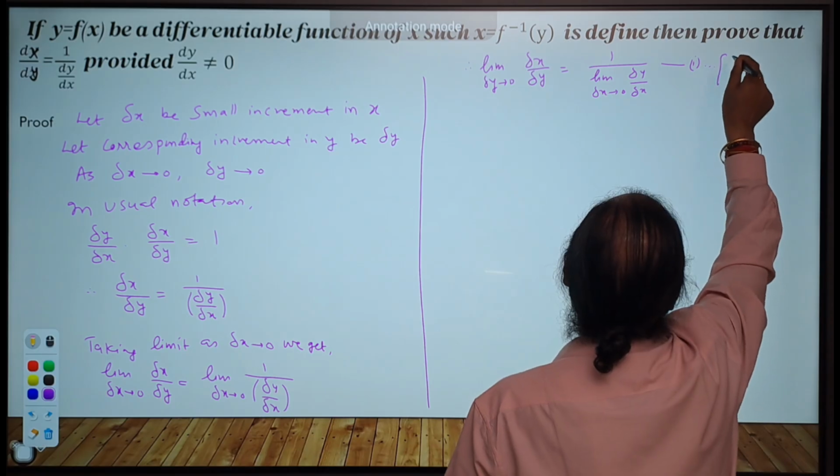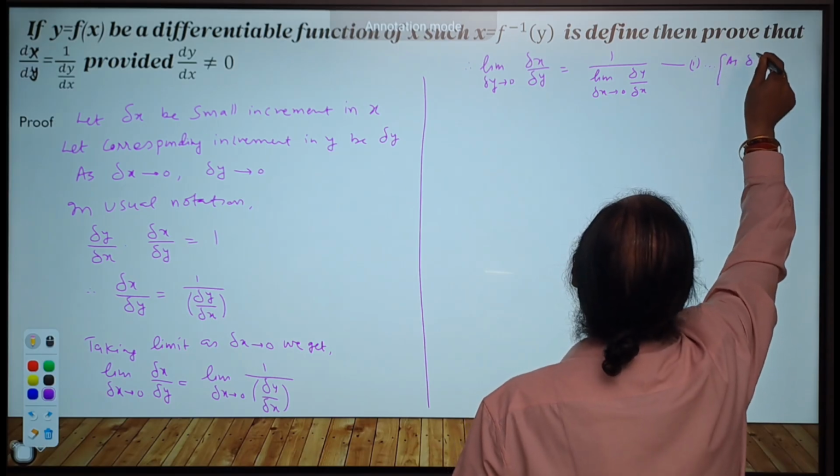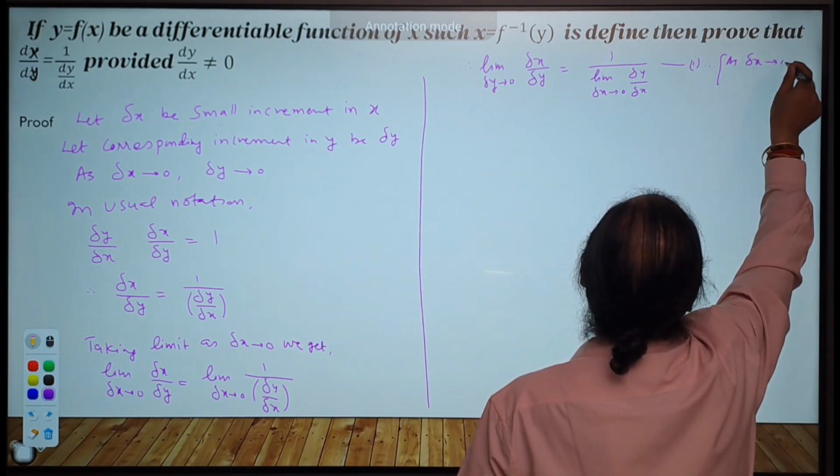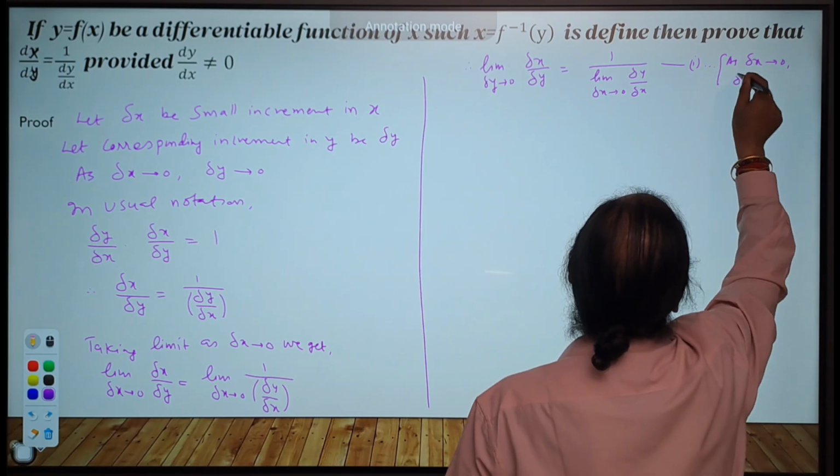Reason: as delta x tends to 0, delta y also tends to 0.